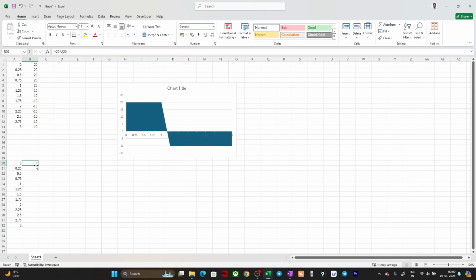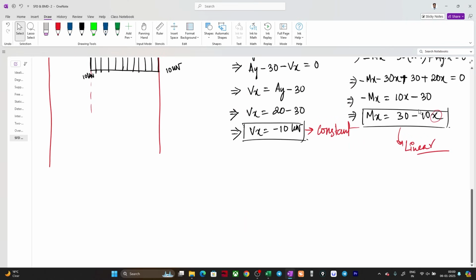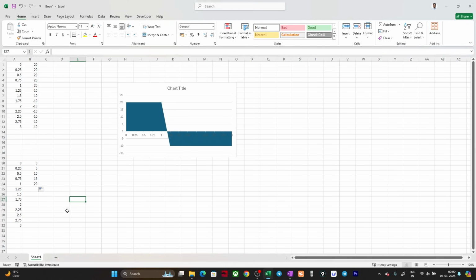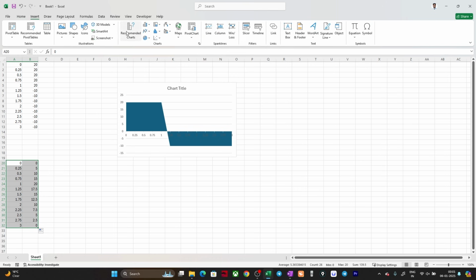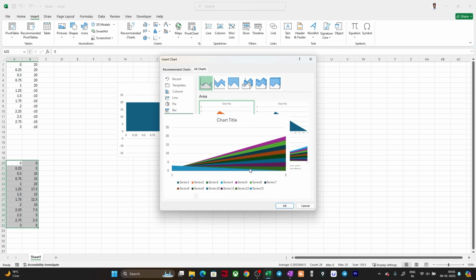After 1 meter, what is the formula we got? It is 30 minus 10x, so it will be equal to 30 minus 10x. Fine. Okay, so I'll take this and go to insert, recommended charts, area.